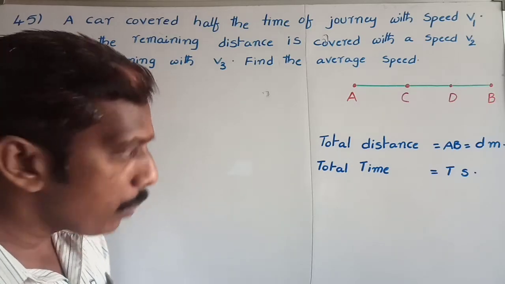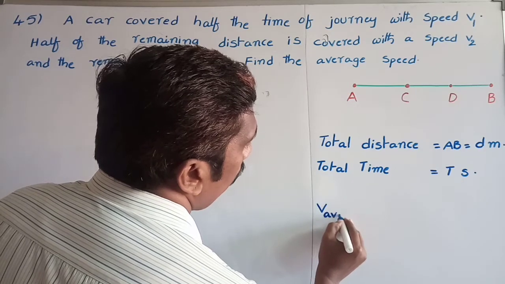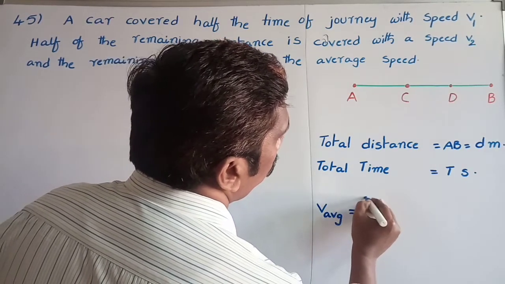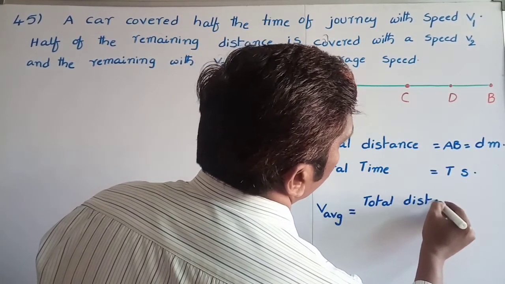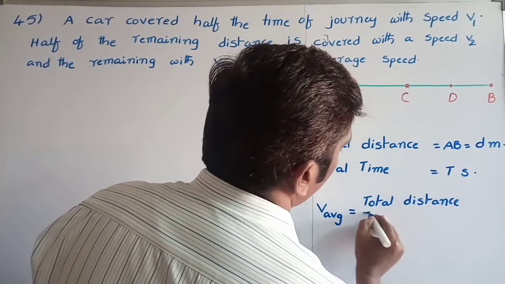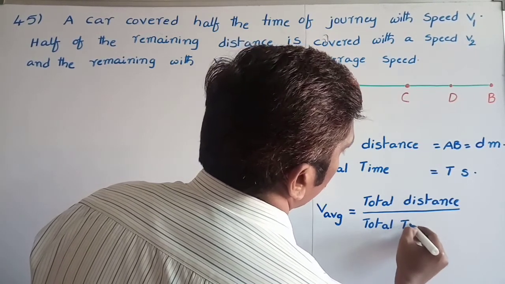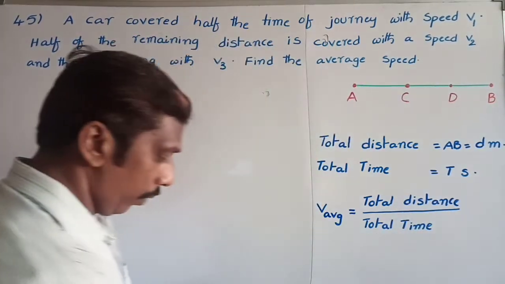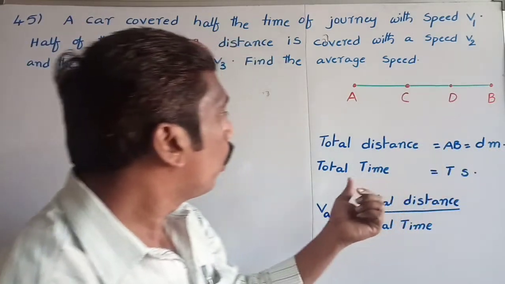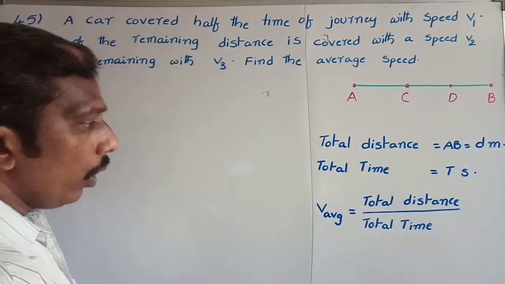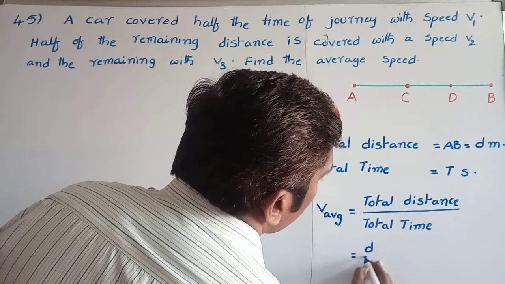We know the average speed formula: average speed is equal to total distance by total time taken. I am assuming total distance is d meters and total time taken is t. So V average is equal to d by t, so your answer is completed.